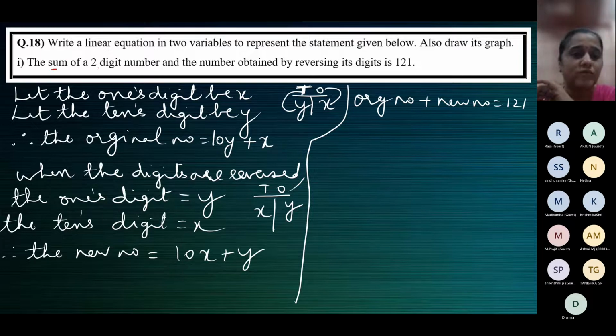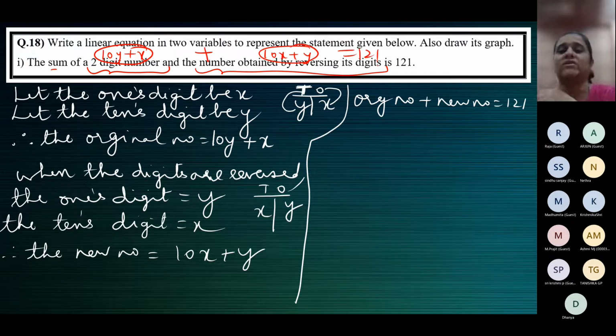The sum of a two-digit number and the number obtained by reversing the order of its digits. So the two-digit number is 10y plus x, and the number obtained by reversing the order of the digits is 10x plus y. When you add these two, this is the original number, this is the new number. The sum of these two is 121.